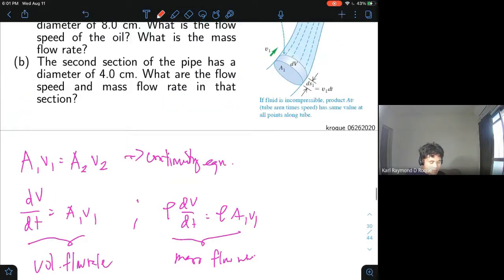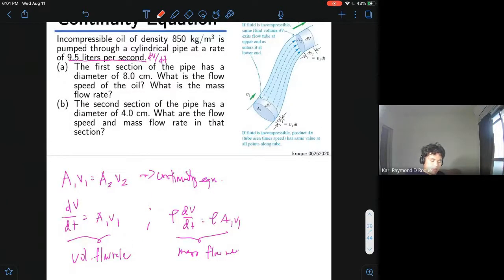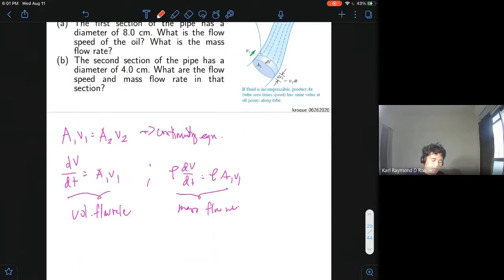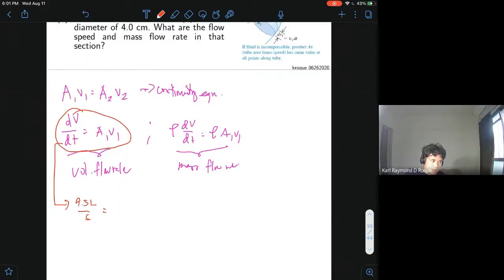Okay, what's next? Ano yung given? Oh, dV over dt, wala tayong A1, A2, tsaka V1, V2 eh. So, ito na yung pwede natin gamitin. 9.5 liters per second equals A1 V1. Ano ba yung A1?